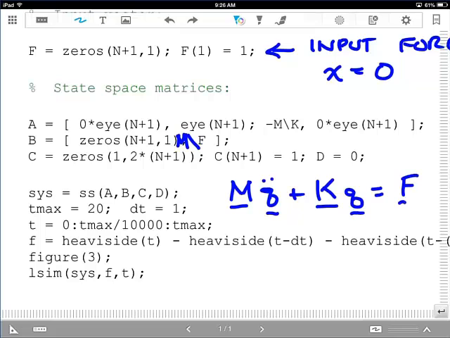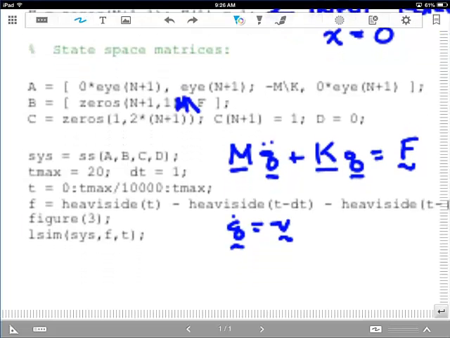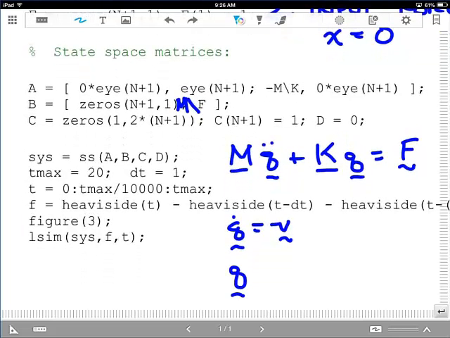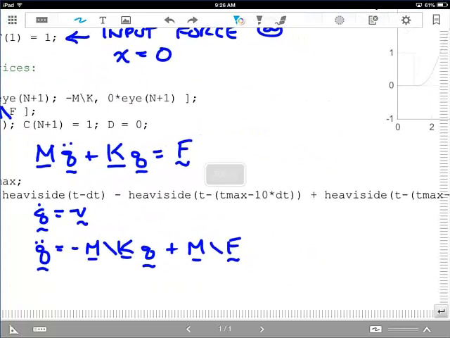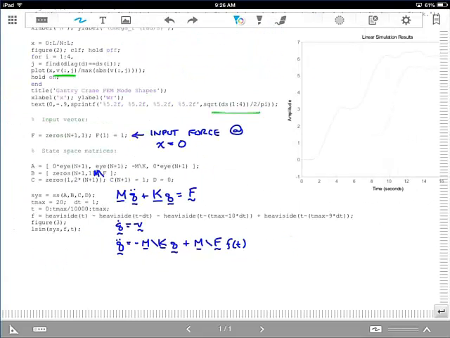And then when you write this in terms of a first order equation, of course your first one is Q dot is equal to V, your X vector has two parts, one is V and one is Q. V dot, or Q double dot, is equal to minus M inverse K Q plus M inverse F times your input here, which in our case is going to be, say, F of t, whatever that is. So there should be an M inverse, so that would probably change the response.